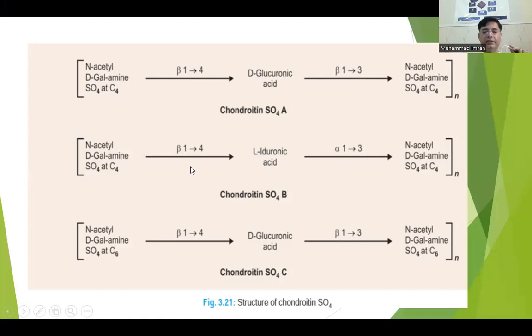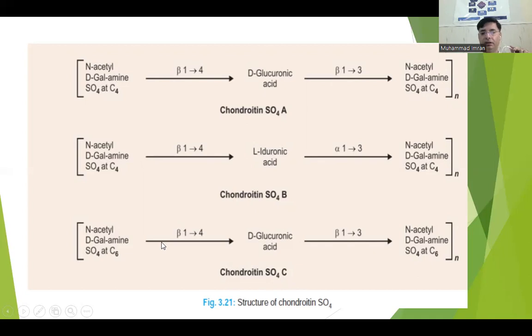It is also known as beta heparin. Why? Because it has iduronic acid and has an anticoagulant property. So it is also known as dermatan sulfate, beta heparin.